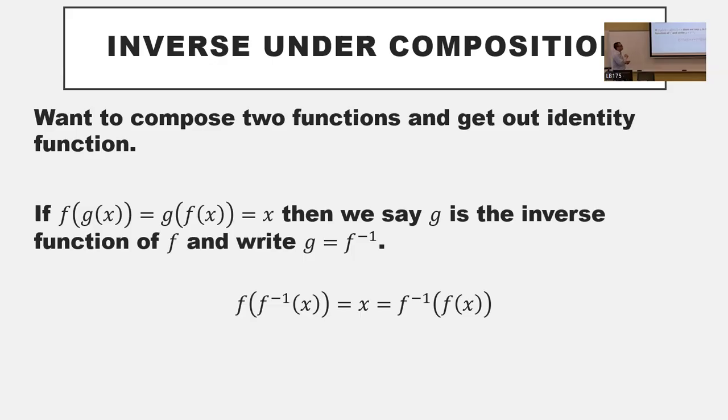If I compose it with a g of x, and I get back out the identity function, so I get back out just x, then I say g is the inverse function of f. And we write the inverse function notation as f raised to the -1 power.